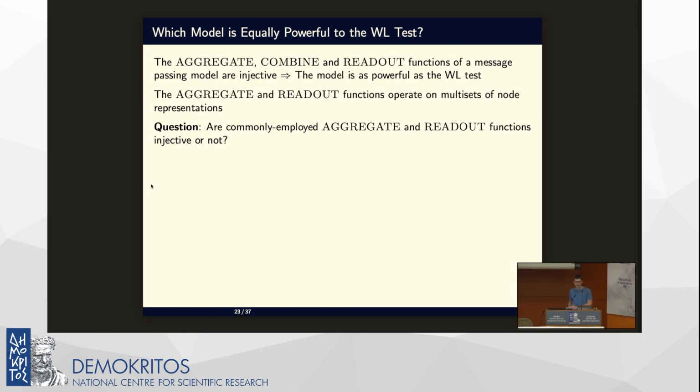And injective, roughly speaking, means that if we feed different inputs to those functions, we get different outputs. So the question then is, are the commonly employed functions like the mean, the max, and the sum injective or not for functions over multisets?